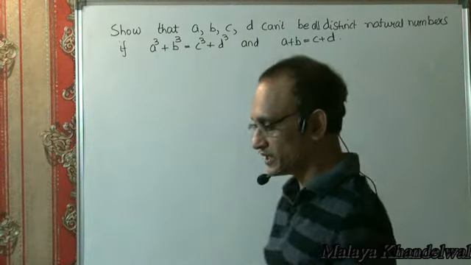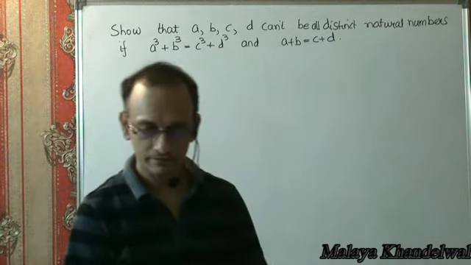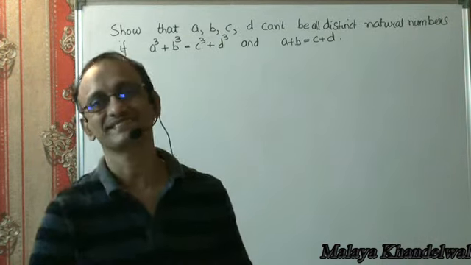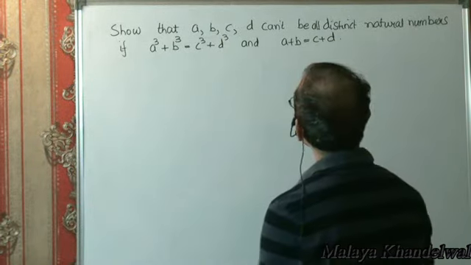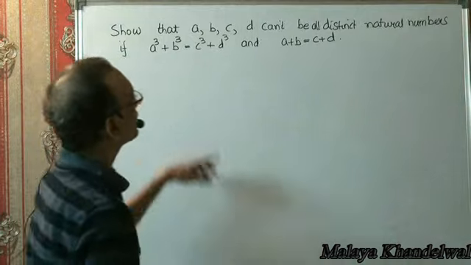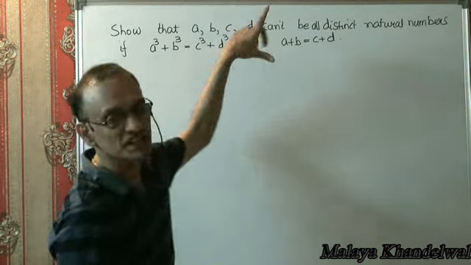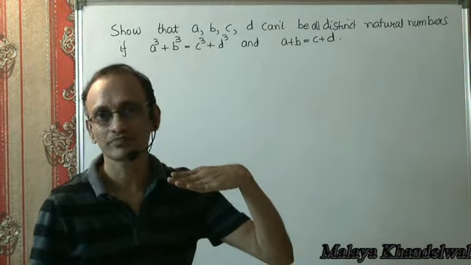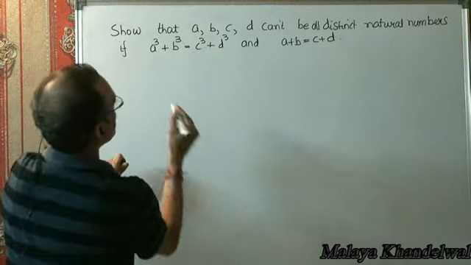For your eyes only, another problem, and also for your mind. Let's look at this situation. We have A, B, C, D natural numbers that satisfy two conditions.